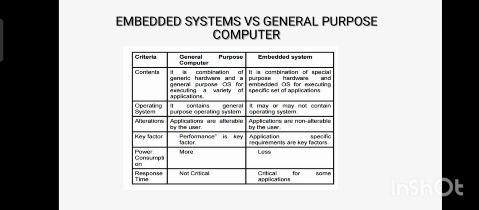What are the main differences between embedded systems and general purpose computers? An embedded system performs only a specific task, whereas a general purpose computer is not for a specific task; it performs many tasks, more than one. And it also has many other differences.